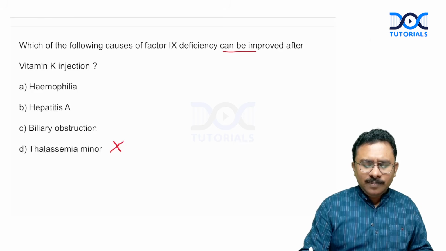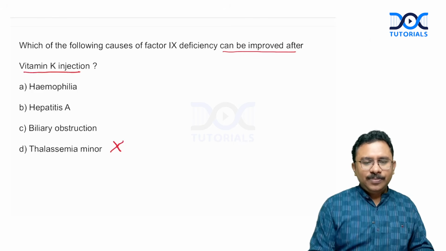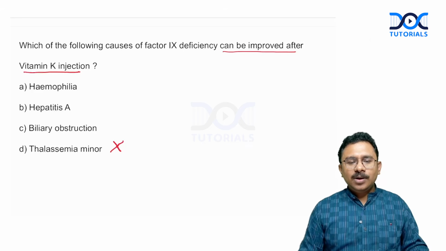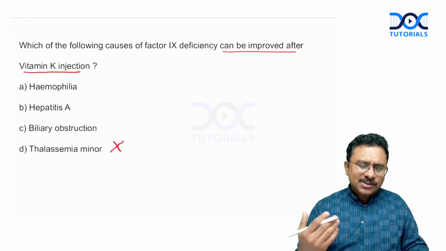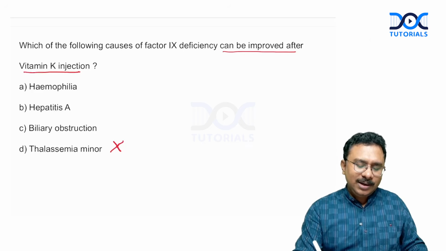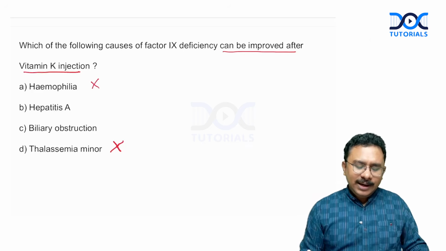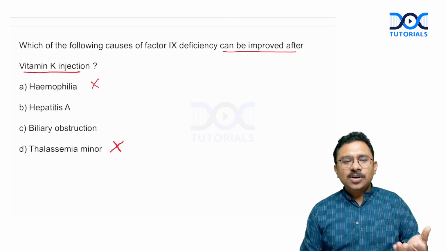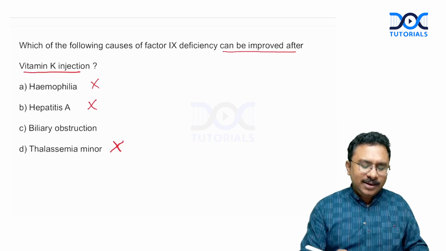There is some sort of improvement after vitamin K, the clotting times are improving, maybe the APTT is improving. So what could it be? Hemophilia is not going to improve. It's a clotting factor deficiency, so even if you give vitamin K, nothing is going to happen. And even in hepatitis A, where there is a dysfunction of the liver, if you give vitamin K, nothing is going to happen.